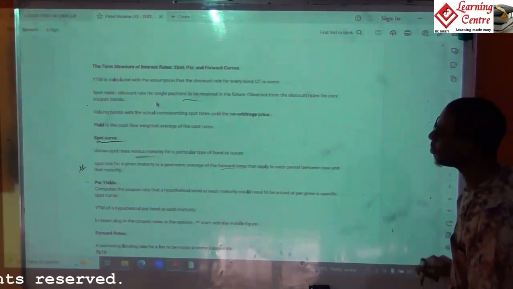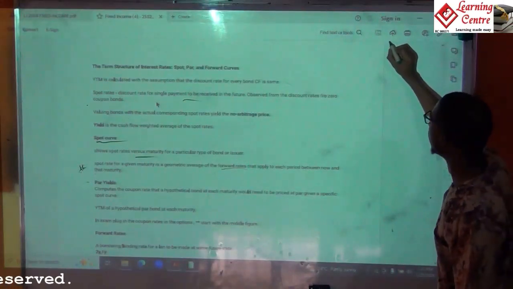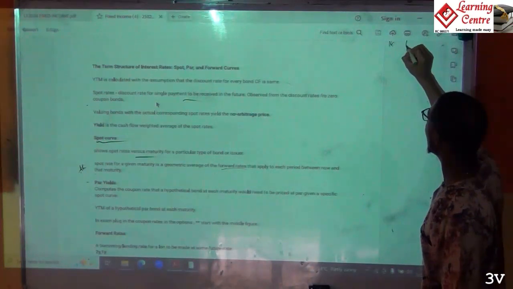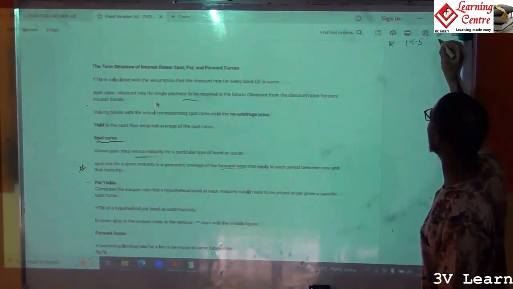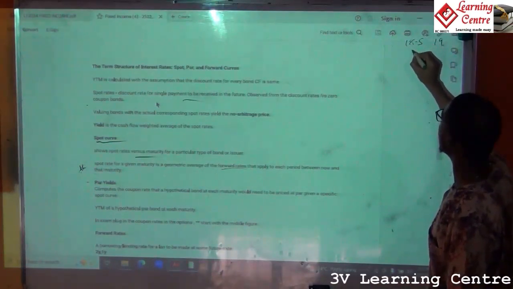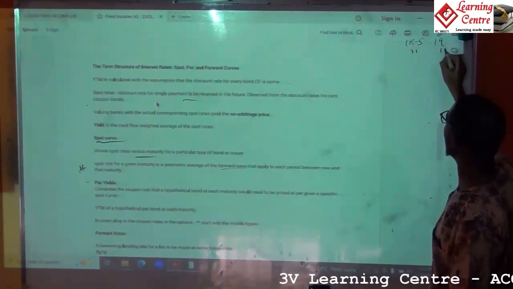If you look at the federal government bond last Monday, we have 16%, 18.5, and 19 for 31 and 34.